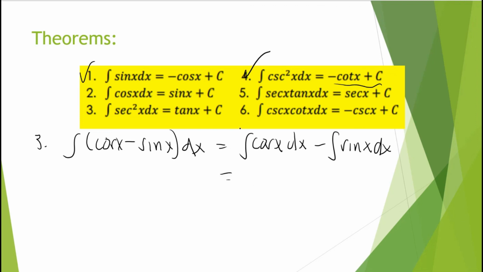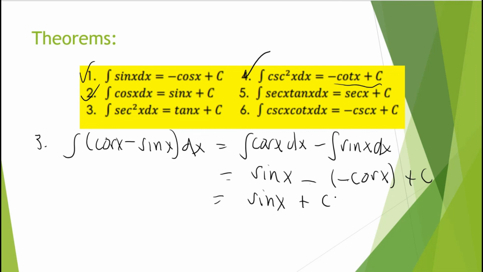The integral of cosine x is sin x, minus the integral of sin x, which is negative cosine x. So, ilagay natin yung negative cosine x, and then plus c lagi. So, we have, therefore, sin x, then negative times negative is positive cosine x, and then plus c. So, this is the final answer.